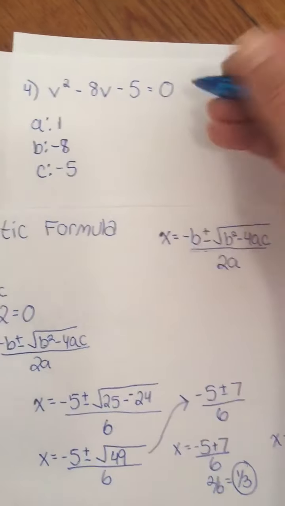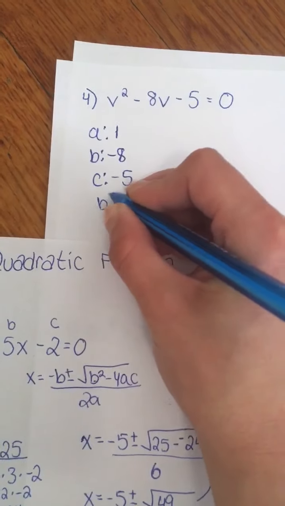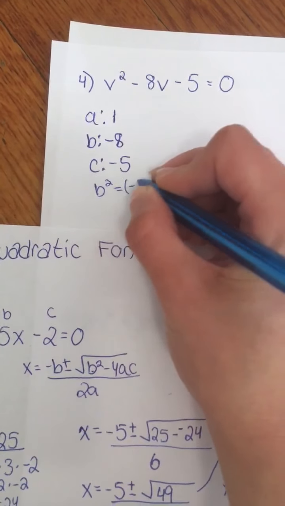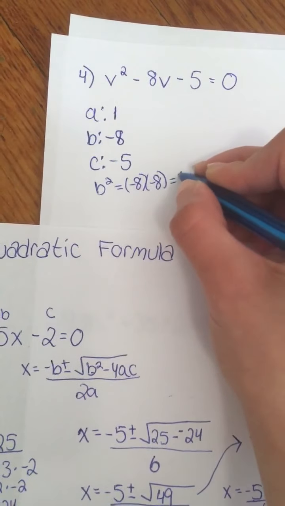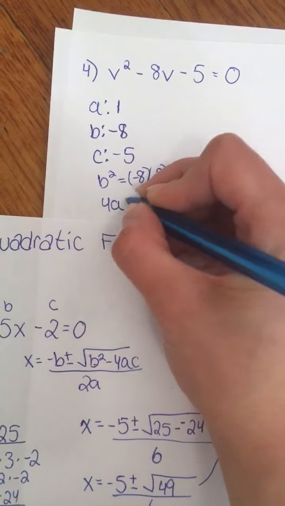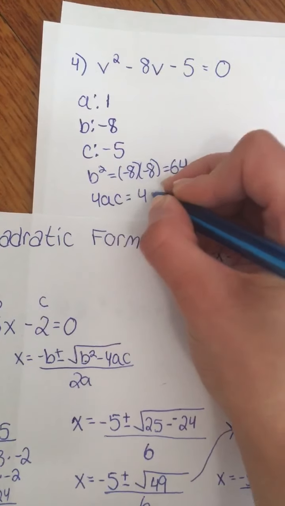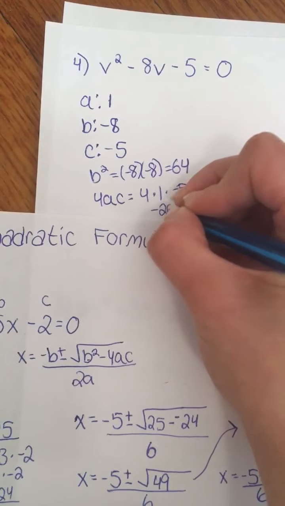So we're going to do negative b, we forgot to do b squared and 4ac. So b squared is negative 8 times itself, right? So b squared is 64. And then 4ac is 4 times 1 times negative 5, which should be negative 20.